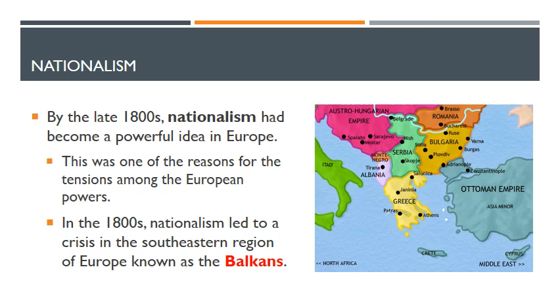In the late 1800s, we see a crisis in a southeastern region of Europe known as the Balkans. Effectively, the Serbians, right here, were a Slavic people. Across the border in Austria-Hungary, in this area, were Serbian people living in Austria-Hungary.